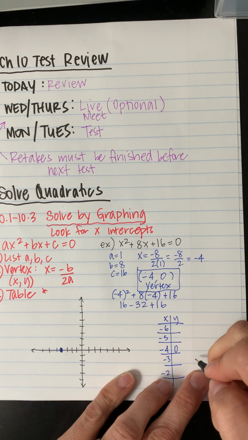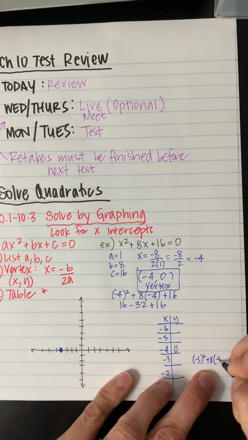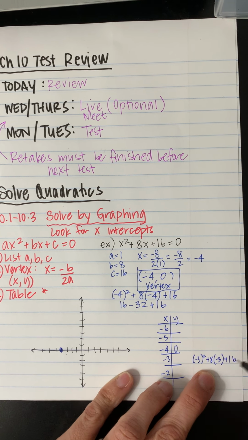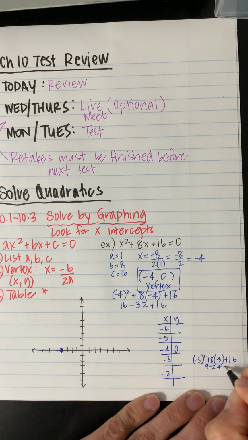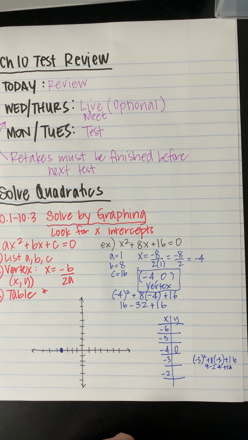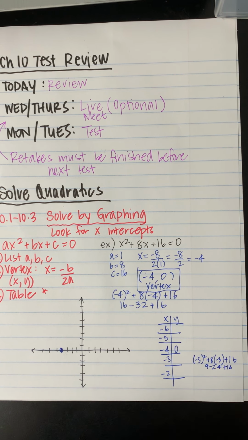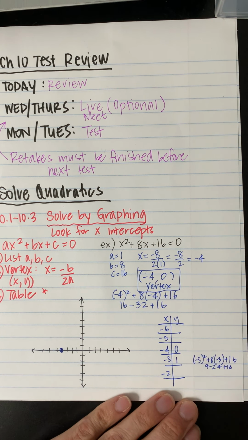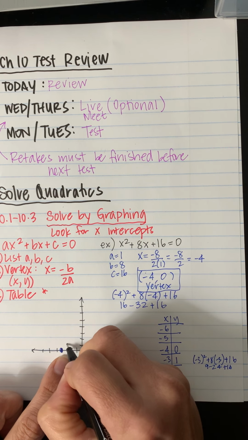So if I put negative 3 in, negative 3 squared, so this will be 9 minus 24 plus 16. 9 and 16 is 25, minus 24 is 1. So negative 3, 1 is another point.